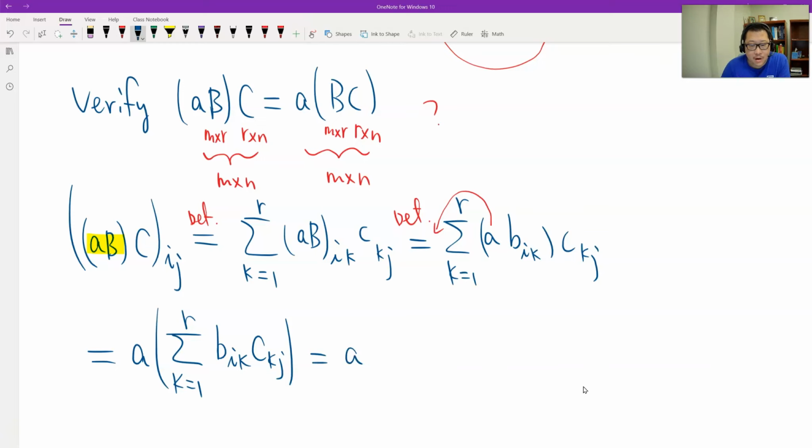This is the definition of matrix B times matrix C at the position of the ith row and the jth column. Makes sense? Is this the proof already? Yeah, definitely. We see A(BC) equals (AB)C, so the A can factor out. That's true. I'll leave the others for you. That's the basic proofs. Yeah, thank you.